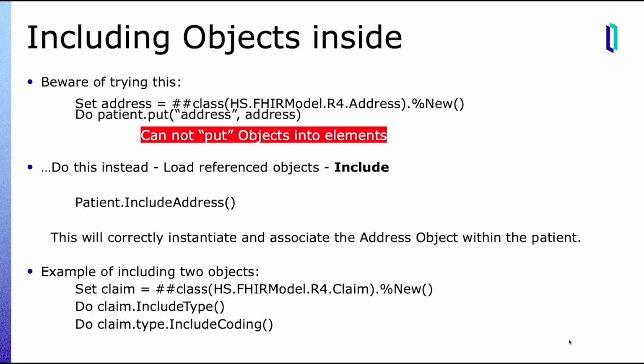There are a whole bunch of appropriate methods that are available. And why is this important? Because when you are in the claim object, you have the include type method available. You don't have the include coding method. So from the set of methods made available to you, you are restricted to the types of objects that you'd want to instantiate rather than guessing.